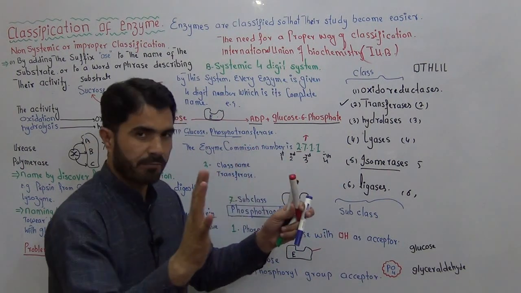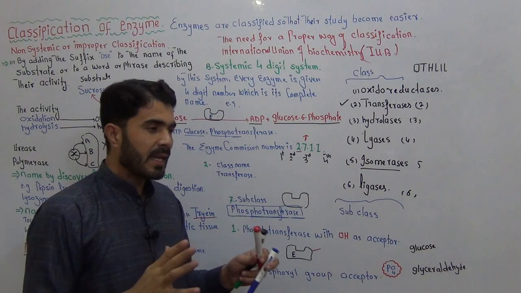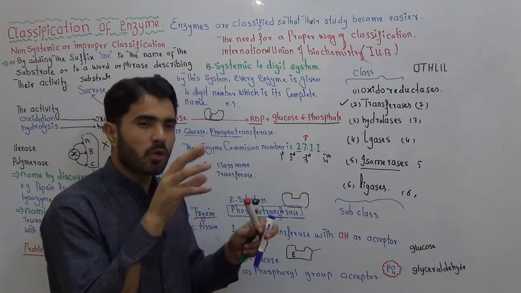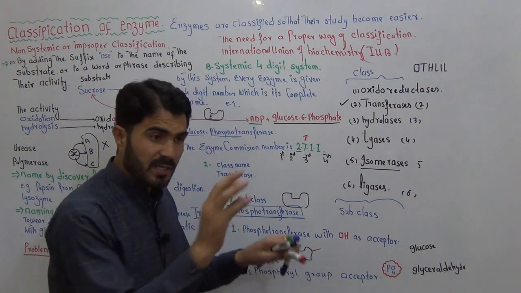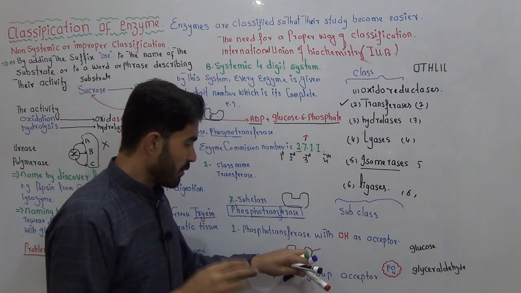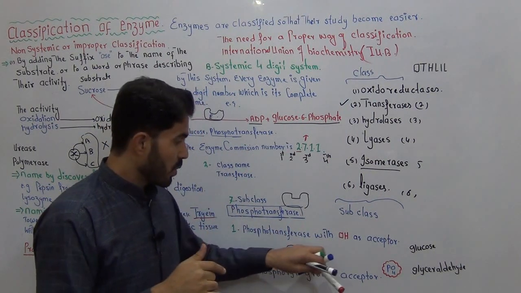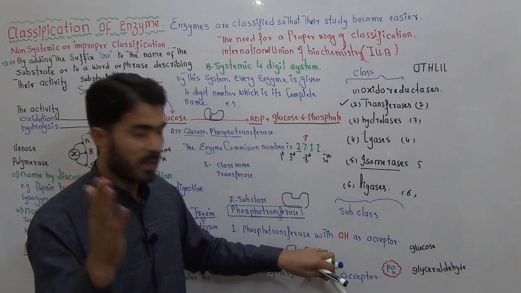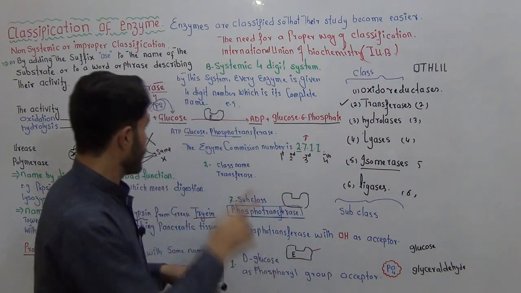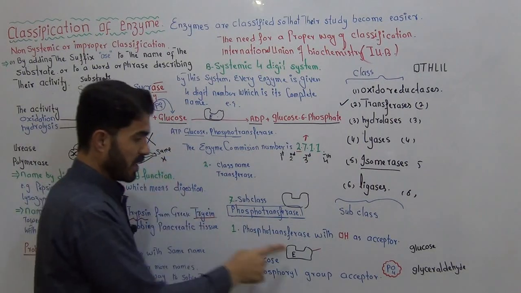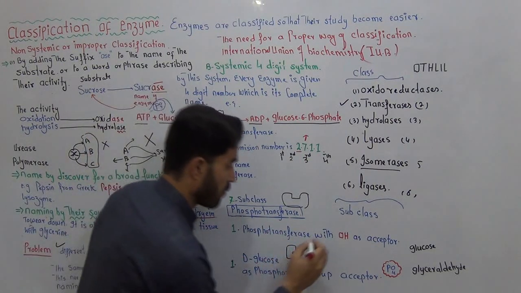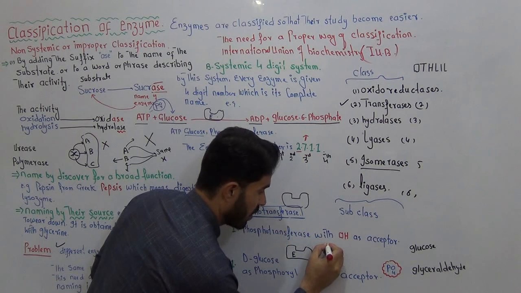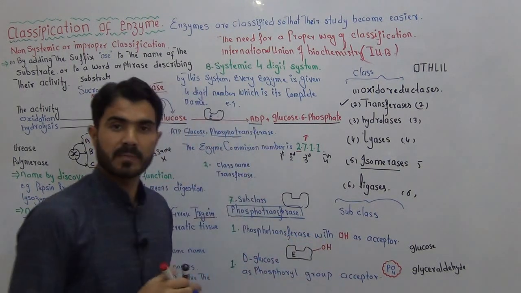Now they say, what is the group on that enzyme, the functional group with the help of which this enzyme transfers the phosphate group? In order to transfer the phosphate group from ATP to glucose, the enzyme has an OH group.